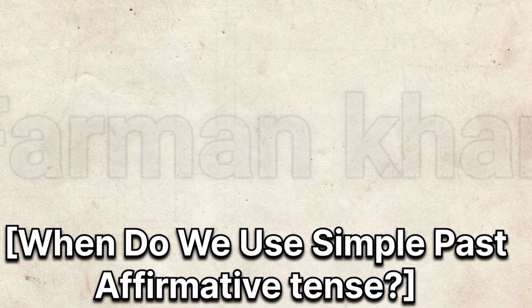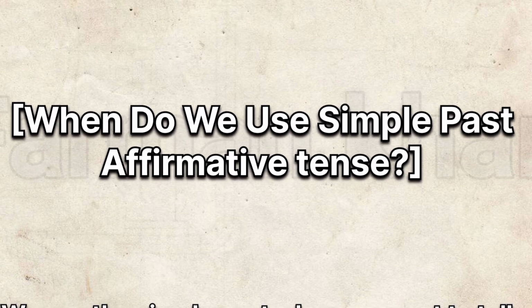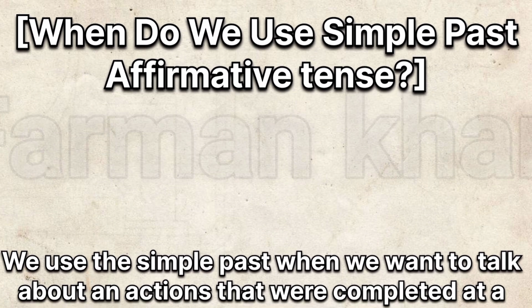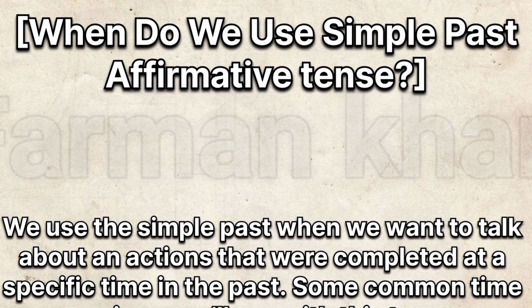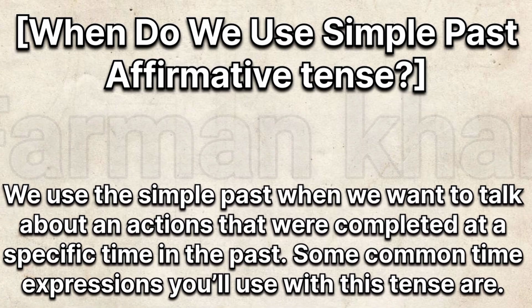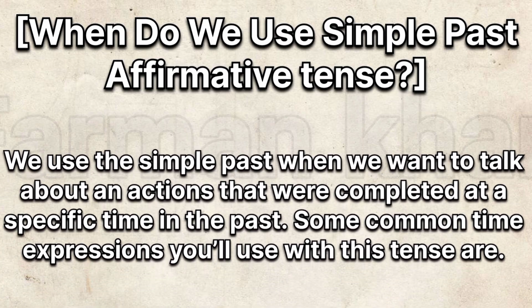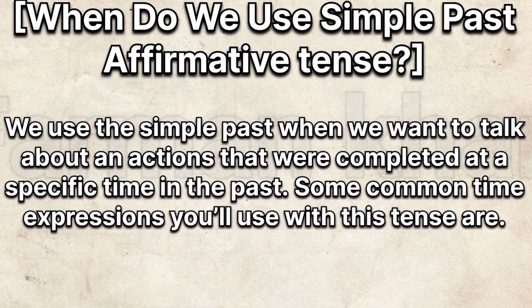When do we use simple past affirmative tense? We use the simple past tense when we want to talk about actions that were completed at a specific time in the past.